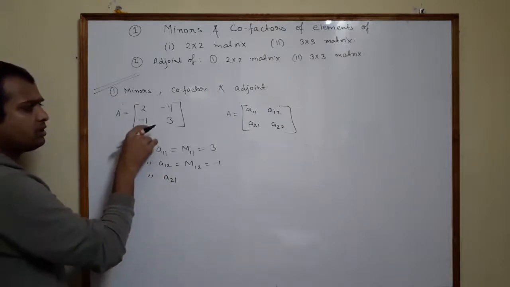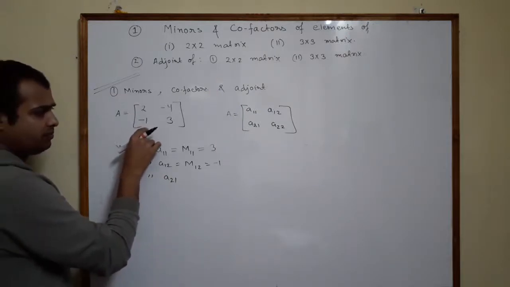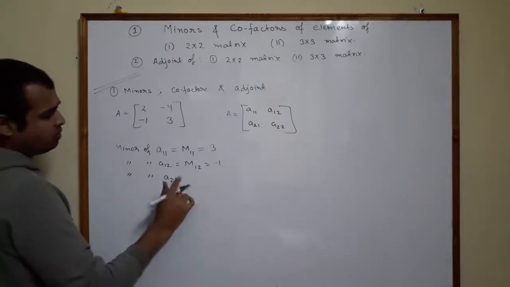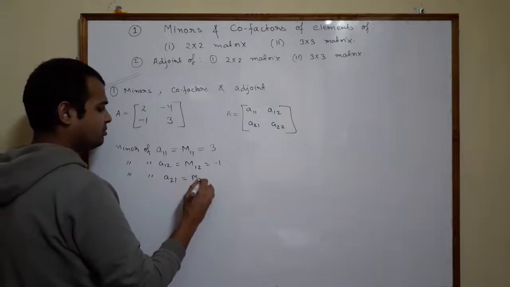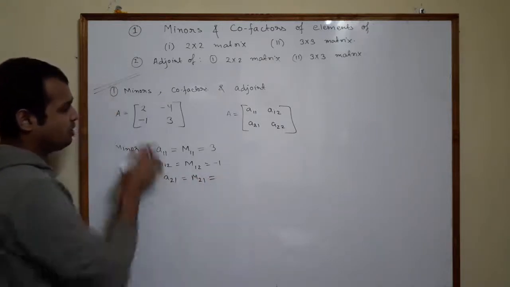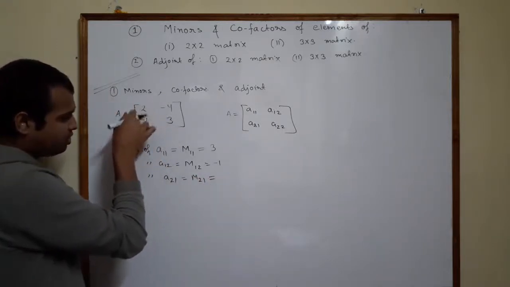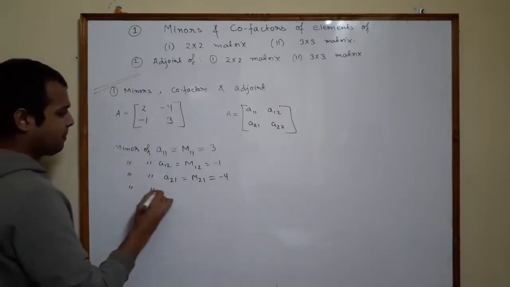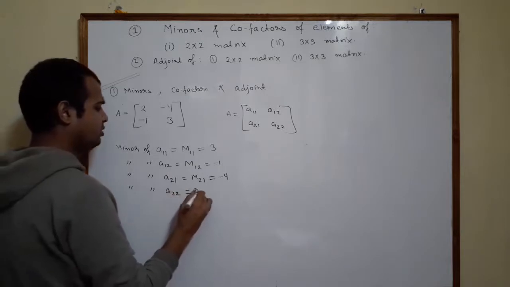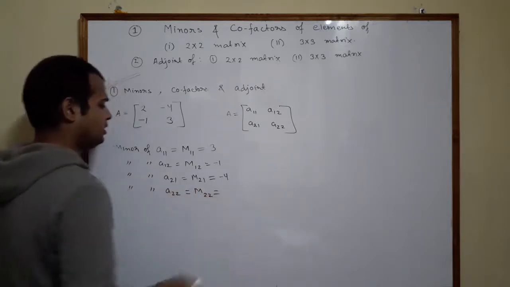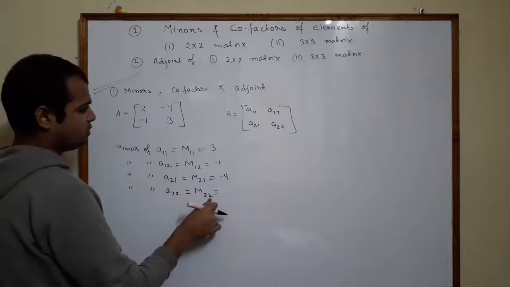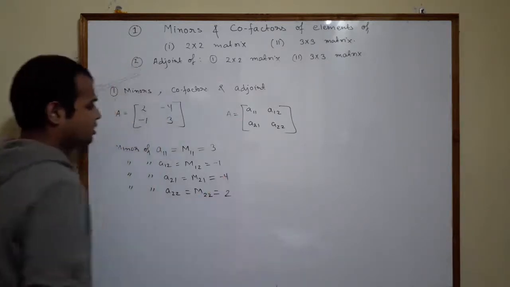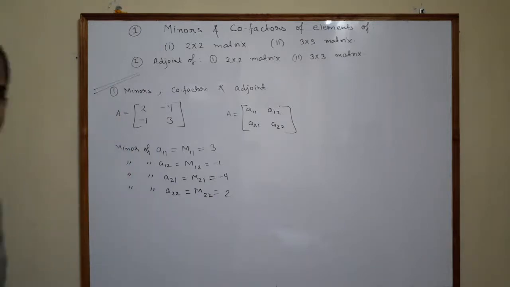I need to cover the second row and the first column, and the minor will be M21. After covering them, you get minus 4. Then the minor of A22, that would be M22. You cover the second row and second column and you are left with 2. So this is how we find the minor.